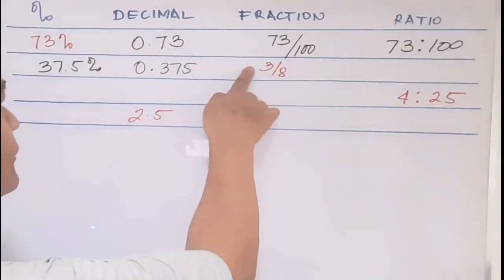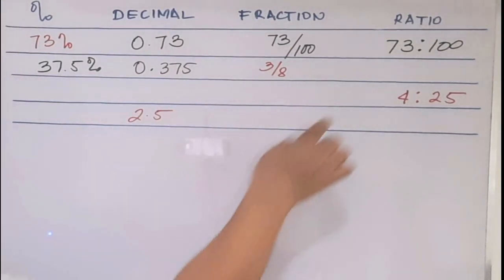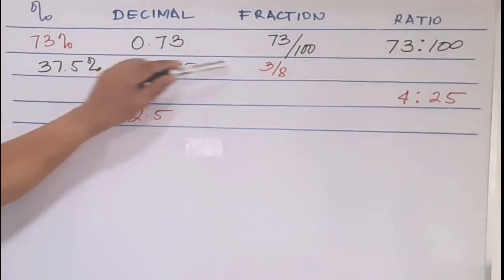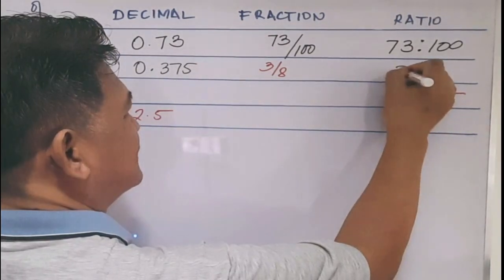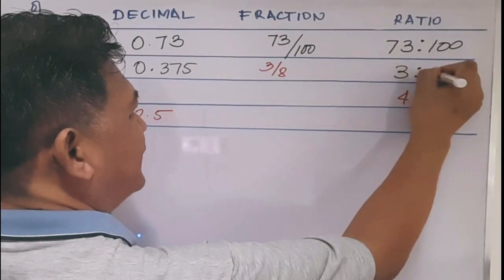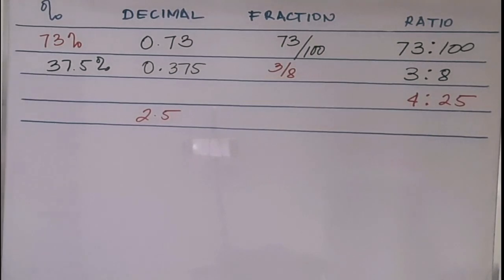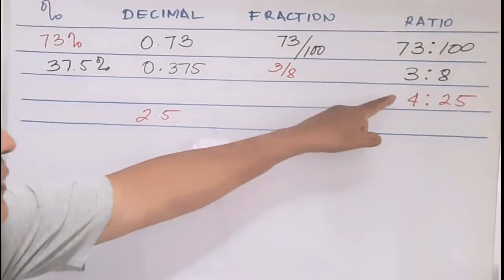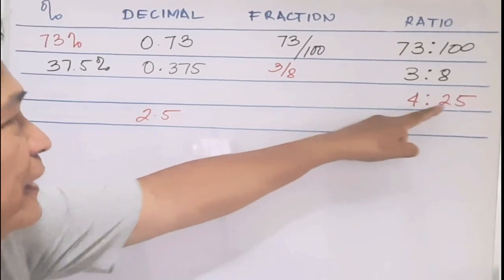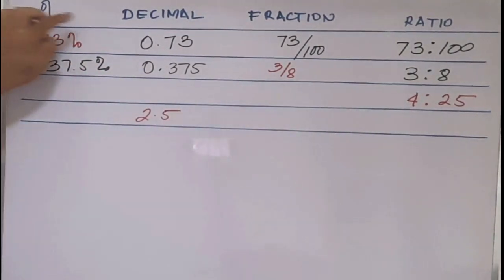And to convert this 3 over 8 into a ratio, that is 3 is to 8.